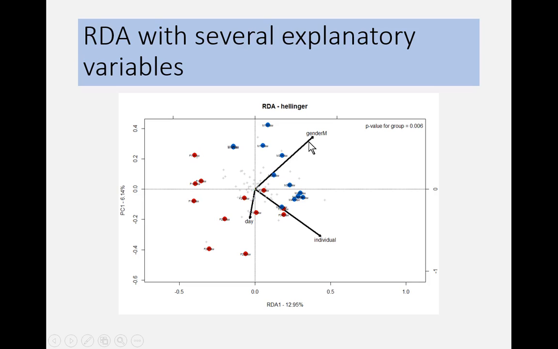You see probably pretty easily that gender, for example, tells those dots apart, because if you think along this line here, the blue ones are here and the red ones are here. Also, day tells the samples apart, because the earlier days are here and the later days are here, and the red ones actually are taken on the later days more than the blue ones, for example.